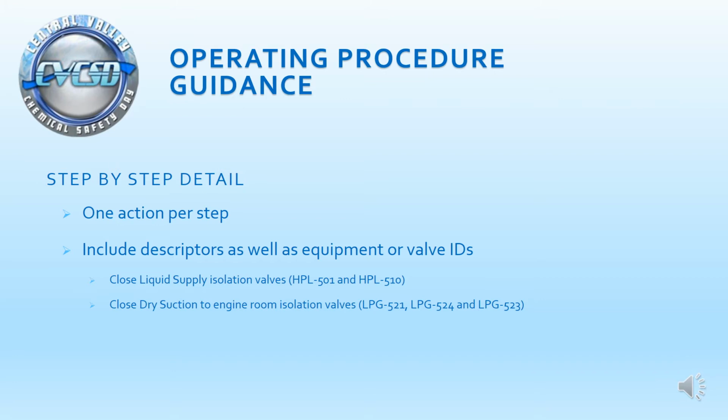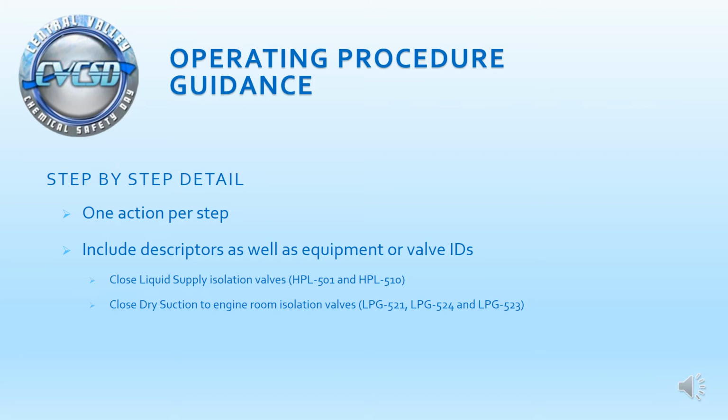So some examples for this would be closed liquid supply isolation valve, HPL 501 and HPL 520. So not only are you describing the valve as the liquid supply isolation valves, but also giving the specific ID numbers that would be on the PNID.